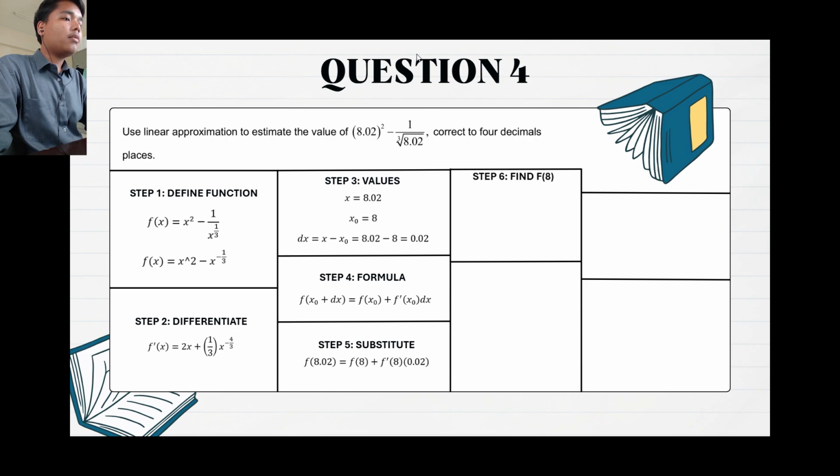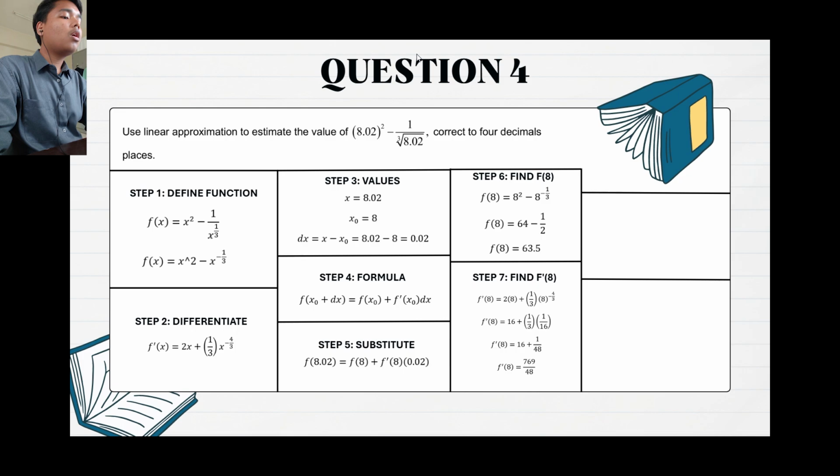Step 6, we find f of 8. F of 8 equals x square minus 8 power negative 1 over 3. This gives 64 minus 1 over 2, so f of 8 equals 63.5.